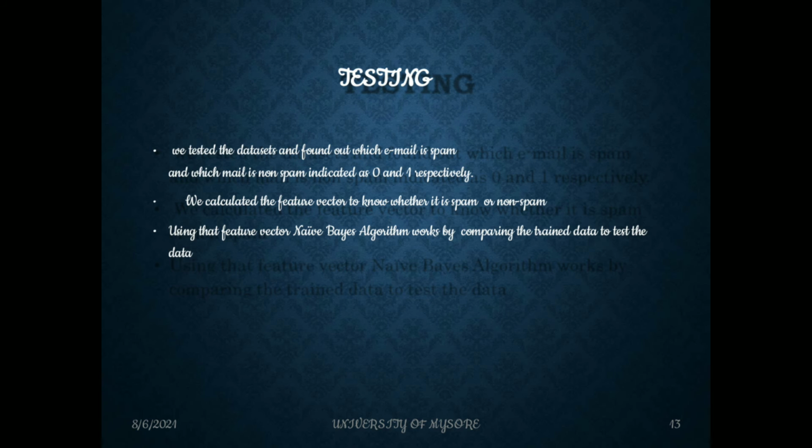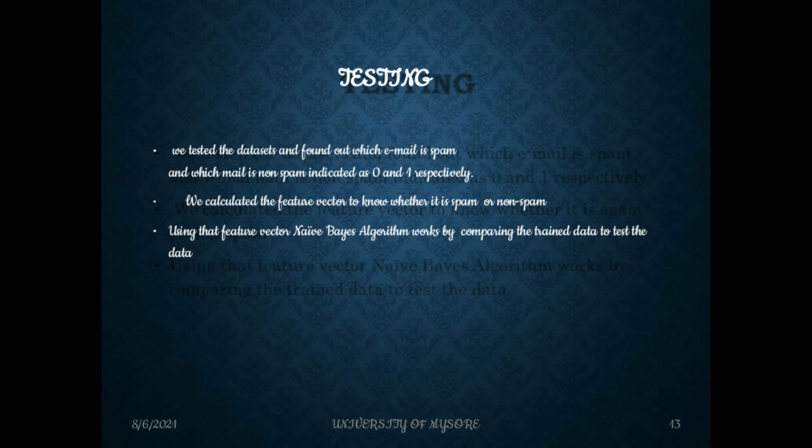Testing. We tested the data sets and found out which emails are spam and which are non-spam, indicated as 0 and 1 respectively. If an email is spam, it is indicated as 0, and if it is a non-spam message or email, it is indicated as 1.